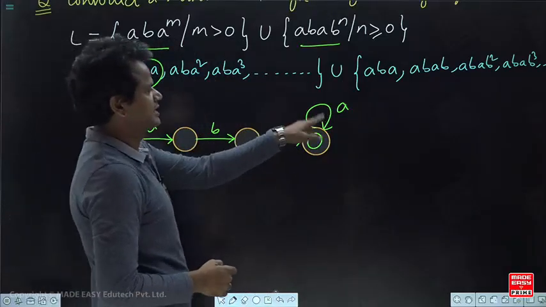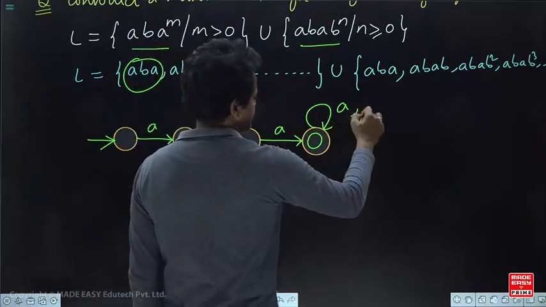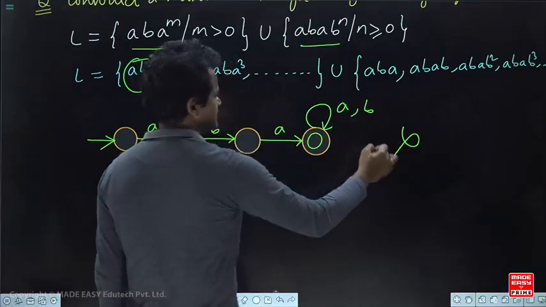Then ABA square, A cube, A power 4. If anybody has constructed it like this, it is the wrong answer.